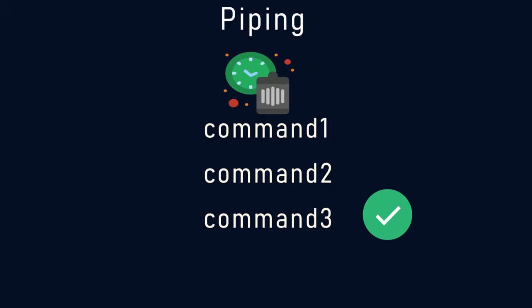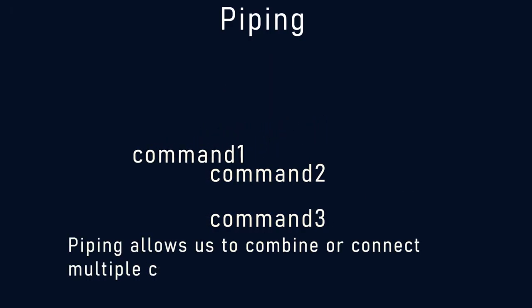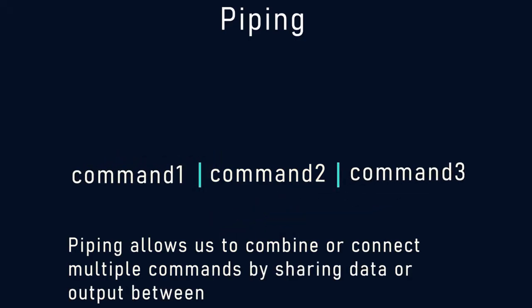So why not combine multiple commands together instead of executing them separately? This is exactly what piping solves. Piping allows us to combine or connect multiple commands by sharing data or output between them. So instead of using multiple commands separately, we can combine them using piping.